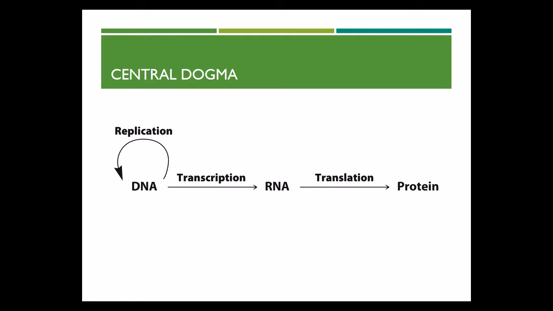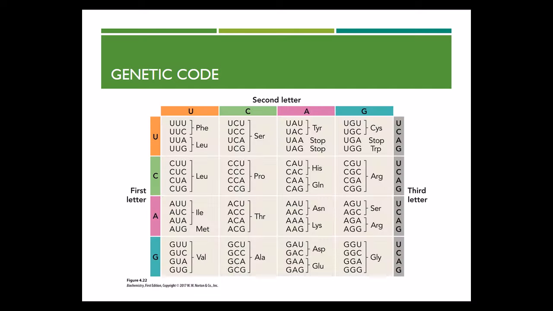The recognition occurs through base complementary pairing with messenger RNA. The ribosome then covalently links the amino acids carried by successive transfer RNAs to eventually form the protein. The correspondence between amino acids and messenger RNA codons is known as the genetic code.